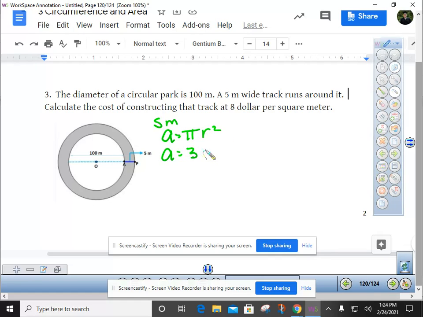Use 3 for pi. What is 50 squared? 2,500. And so that equals 7,500. Perfect.